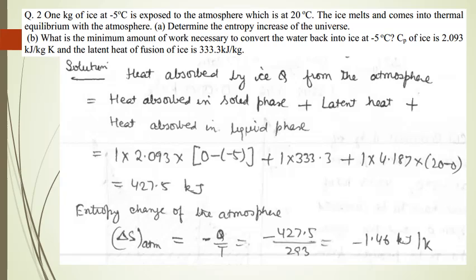We have put a negative sign because it is the amount of heat lost by the atmosphere. The atmospheric temperature is 20 degrees Celsius, so T has been put as 293 Kelvin. So the entropy change of the atmosphere is equal to minus 1.46 kilojoule per Kelvin.